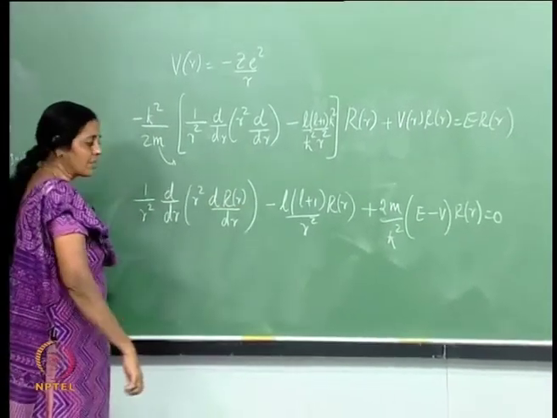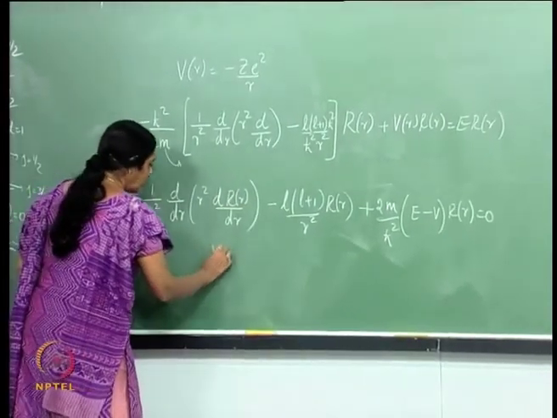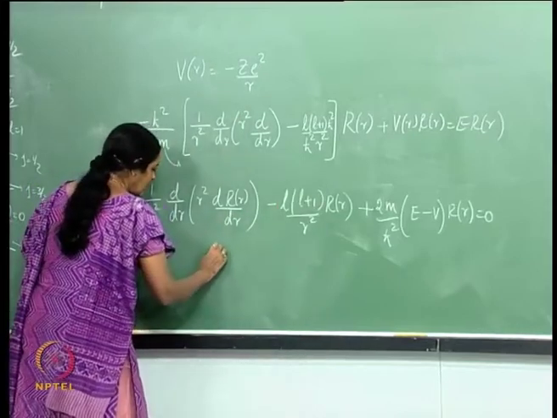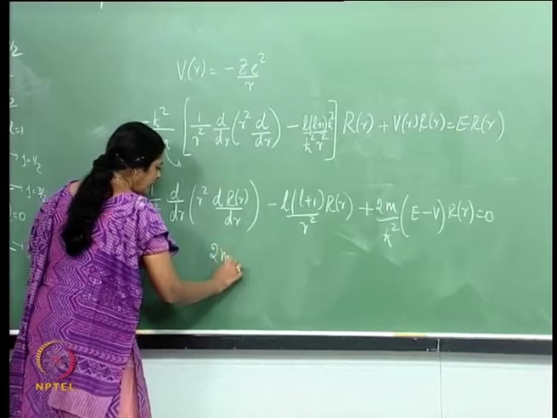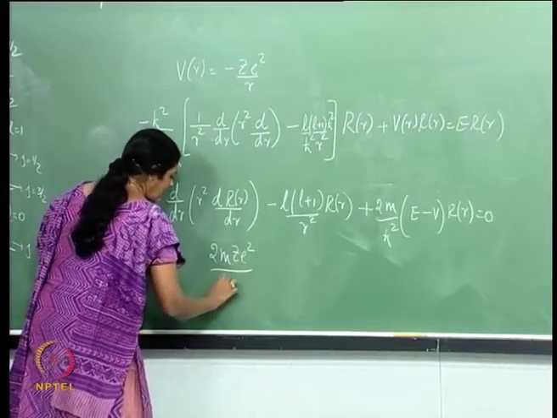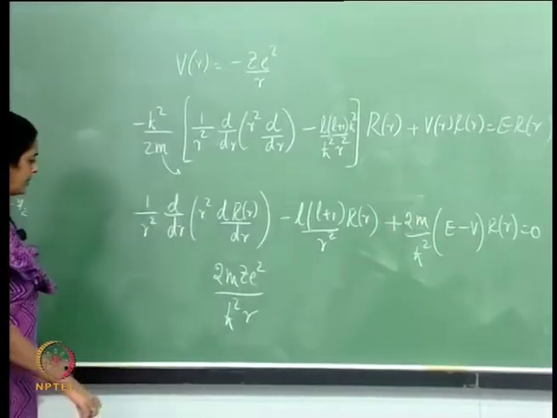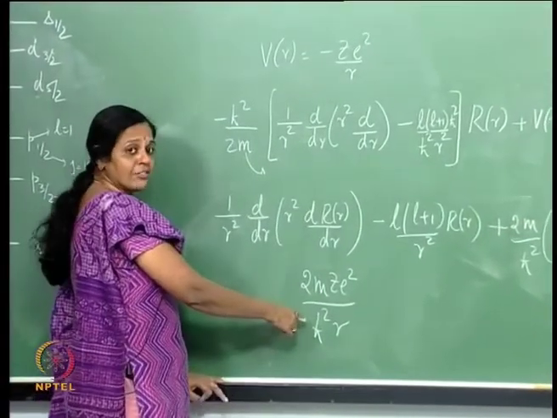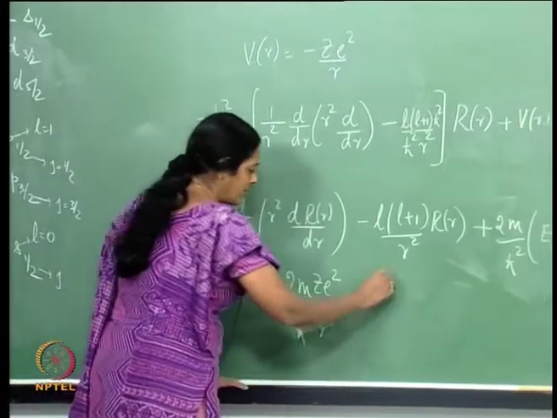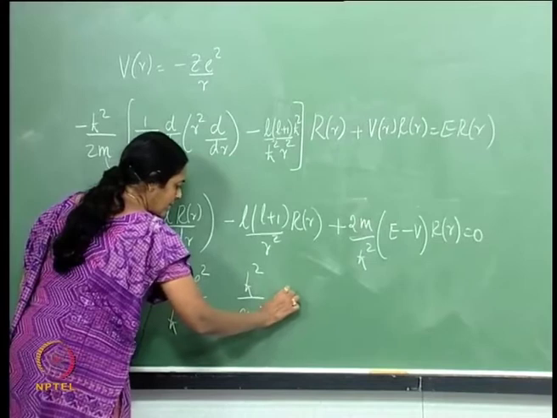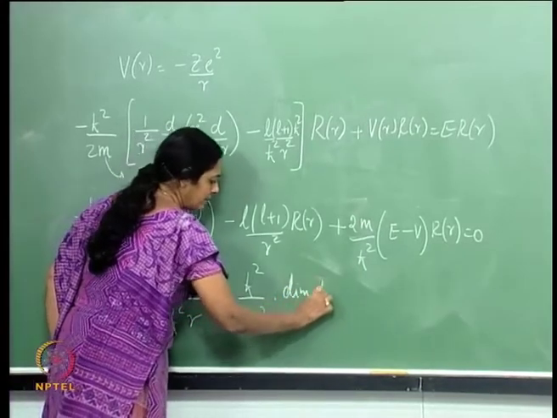Look at the potential term. The potential is minus Ze squared by r, and therefore I have 2m Ze squared by h cross squared r. That is the term that I have there. You can identify an object of the dimensions of length here. h cross squared by m e squared is an object with the dimensions of length.